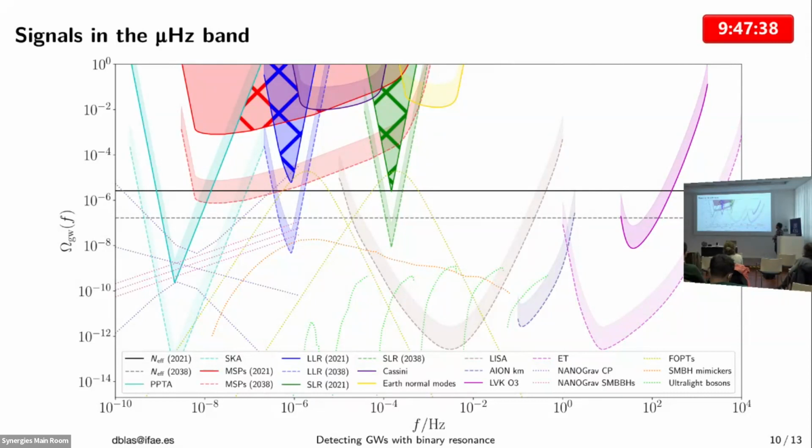All right. Now you can even become more exotic and think about other backgrounds. For instance, this one I'm not going to discuss, but let me discuss these green lines, which unfortunately don't reach us. Those are what are called superradiant clouds of supermassive black holes.